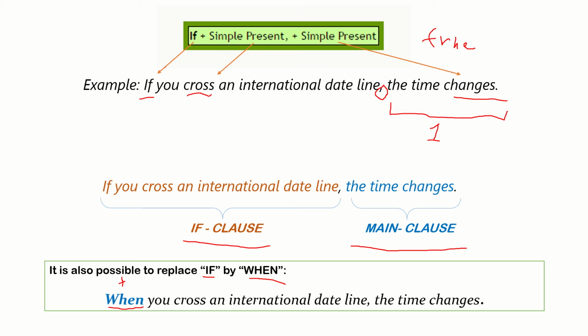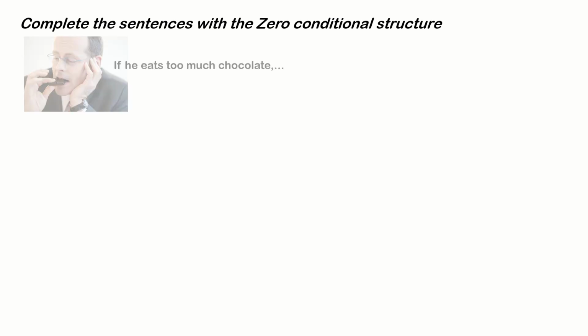If it's hypothetical, but here it's true. If you cross an international date line, time changes. That is a true statement, but it's not necessarily real at the moment because you are not crossing an international date line yet.